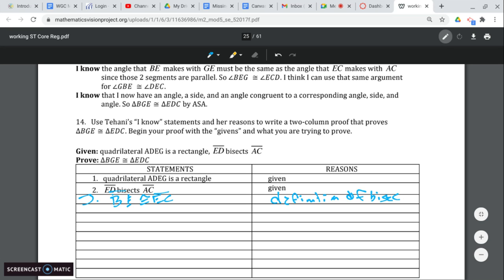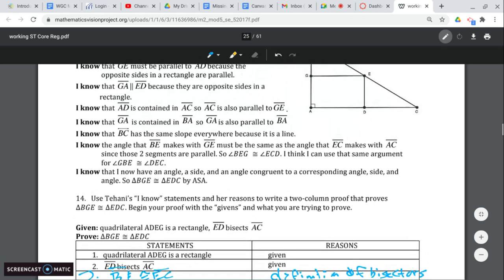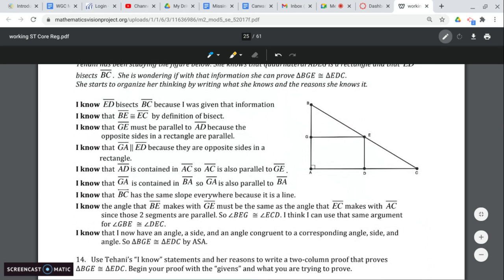So definitions, theorems, postulates, these are all different things that we can use to prove or to give reason in a proof. So knowing that ED bisects BC, we know because of bisect that it's cutting it in half. So that's how we know those 2 parts are congruent.